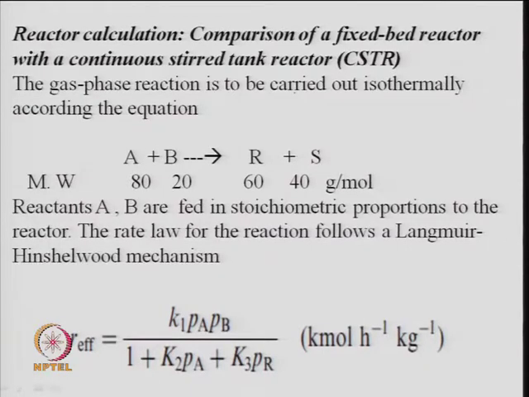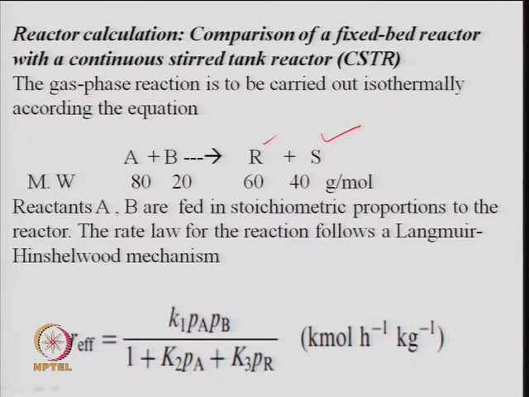Just as an example for exercise, I have taken a problem here which is nothing but a simple design. We have said here that there is a reaction between A and B, which are in the gas phase, and transform into products R and S. The molecular weights of these are given: A has 80, B 20, R 60 and S 40.